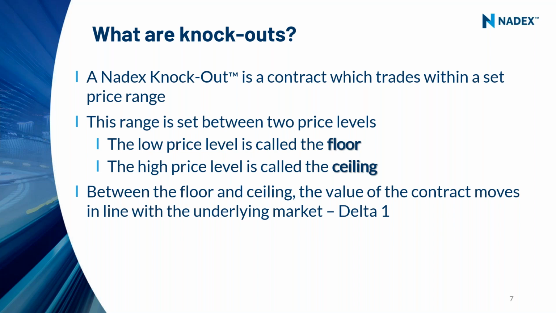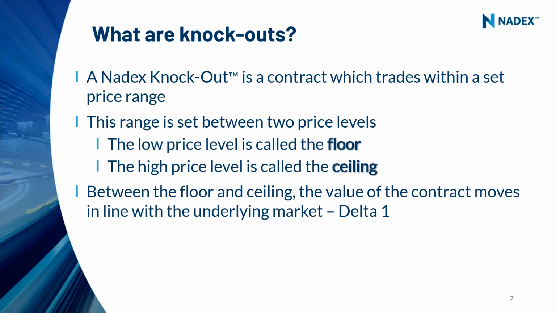But with a knockout, it is a Delta 1 product. Now, when I say Delta 1, some people immediately know what that means. But the contract, the price you're trading is the price. So if gold were trading at $1,923 an ounce, the price of the knockout is the price.